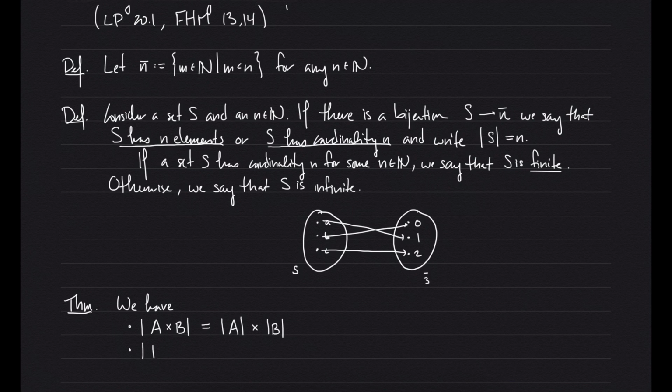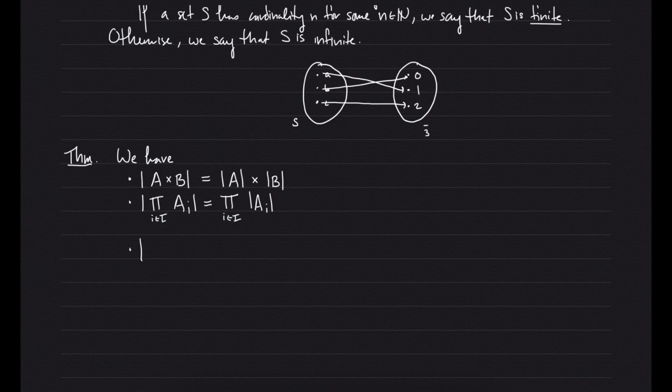And in general, if we take the product of a whole bunch of sets, then if we're just interested in the cardinality, we take the cardinality of all the sets and multiply them up.